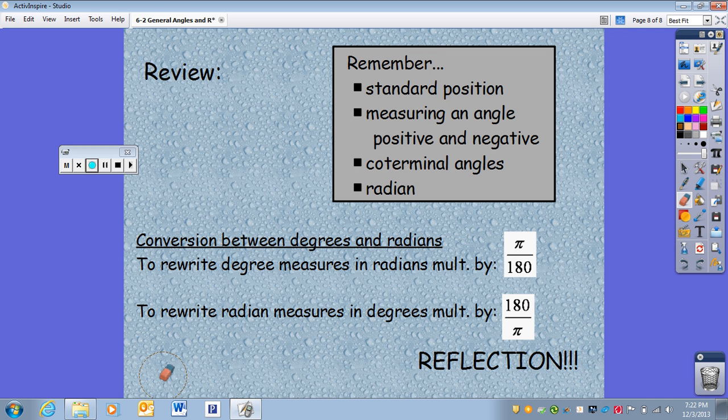Coterminal angles share the same terminal side, and a radian is a measurement of an angle where we can use either radians or degrees, and if we want to convert from one to the other, we use these conversions. From writing degree measure in radians, we will multiply by pi over 180, and to turn radian measurements back into degrees, we will use the conversion of 180 over pi.